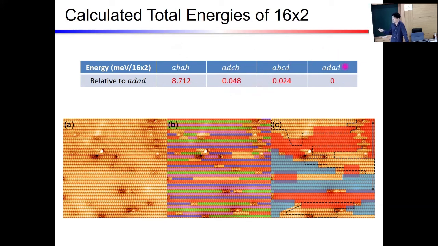This achiral form is the lowest one, but the chiral forms are very close to each other. The energy difference is less than a milli-electron volt in the whole unit cell, which is extremely small. In DFT this is just an arbitrary number, so we cannot say there is any energy difference between the two.